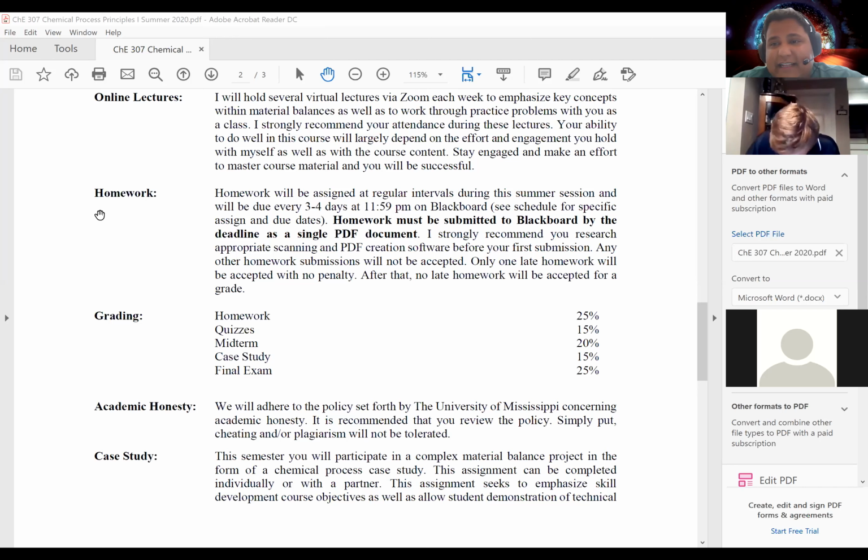So I really strongly encourage you, don't use your pass in the beginning just because it's a nice day or you just don't feel like it. Use it when you need it, because if you use it when you don't, a week later you're going to need it and you're not going to have it. And be sure to get the homework in. There isn't a whole lot, and they're worth quite a bit in this course.